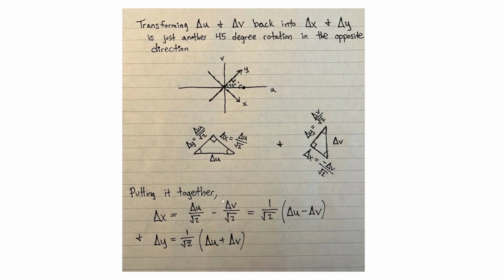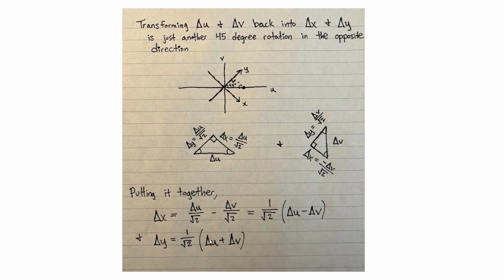So if you put it together, then delta X is equal to the change in U divided by square root of 2 minus the change in V divided by square root of 2. And again, this is just a rotation of 45 degrees. So all this is saying is that now that we've gotten our delta U's and delta V's, we can easily translate them to delta X's and delta Y's for the splay curve.